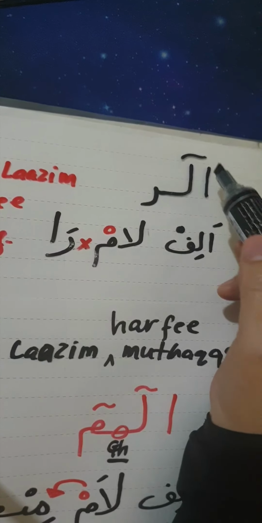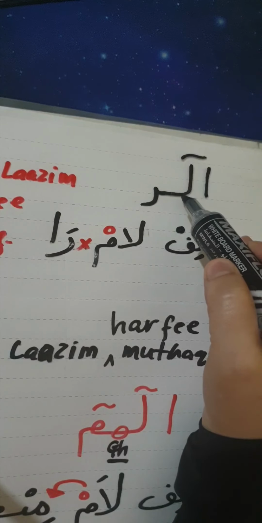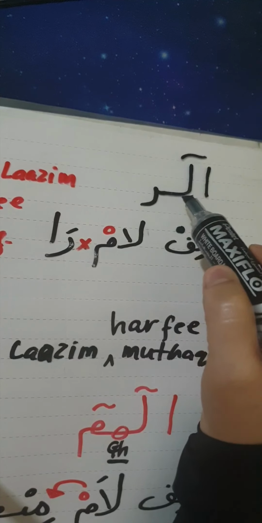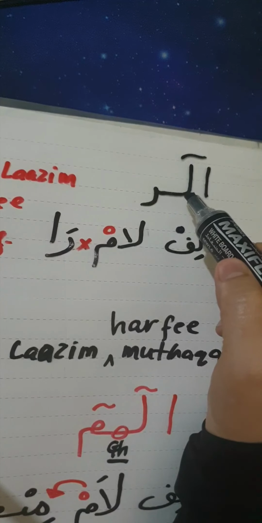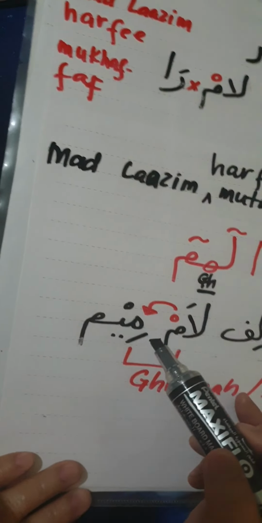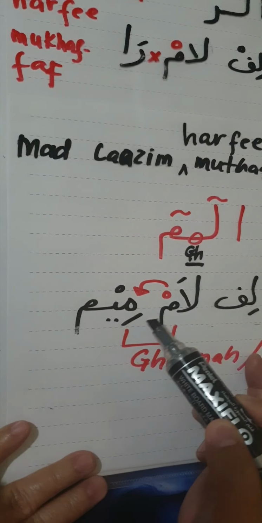So we are going to read like this. Alif, lam, ra. So there is no ghunna in between because they do not merge. Okay, they do not merge to each other like this one here.